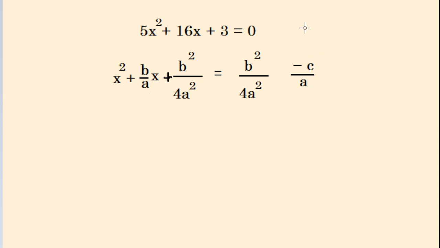I guess it's easier to make a new one. So top becomes minus ac and bottom becomes a squared. Yeah, working with Paint, man.